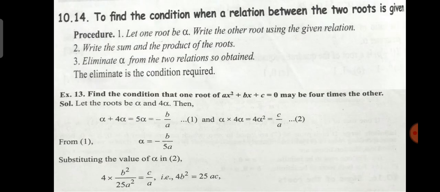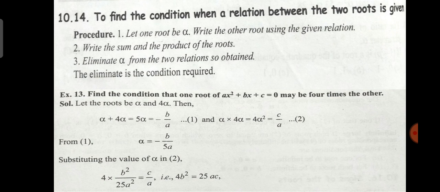Next is to find the condition when the relation between the given roots is given. That is, if the relation between the two roots is given, then you have to find the condition. For example, in the question: find the condition that one root of ax square plus bx plus c may be 4 times the other.